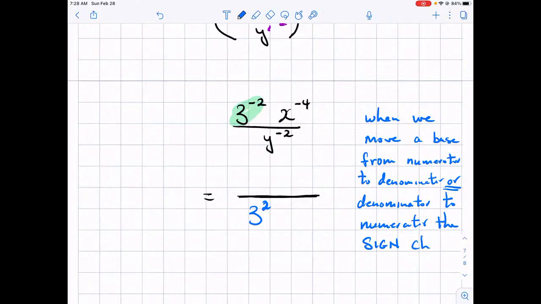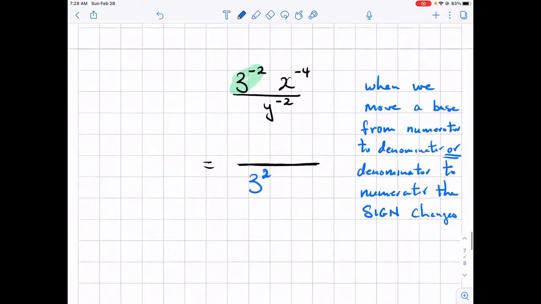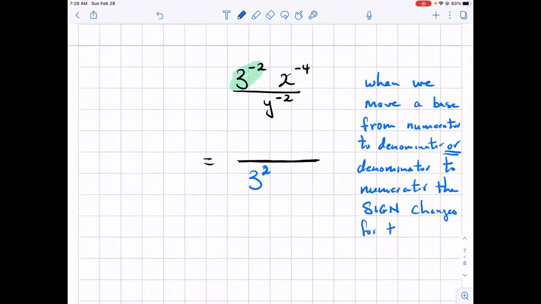The sign changes for that base. The sign of the power changes.